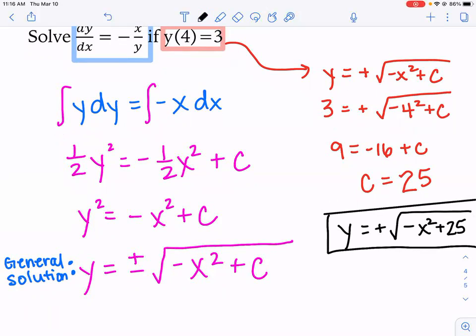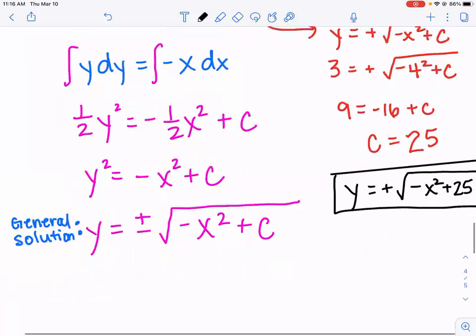What is this particular solution a graph of? A semicircle. Technically, our general solution would be 2 semicircles that create a circle, right? And then in particular, this is going to be a semicircle.